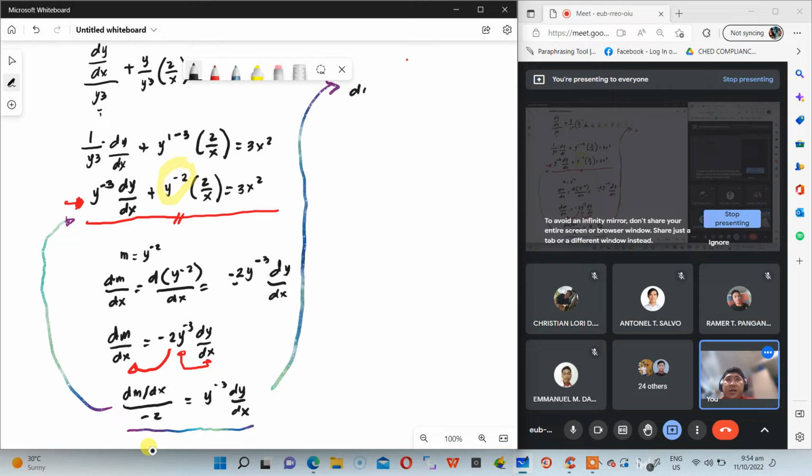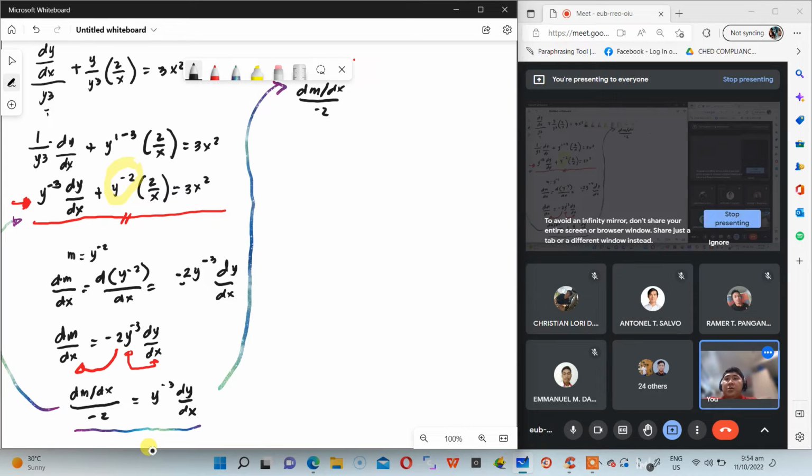So that is dm over dx over negative 2 equals, ah, no, that is not equals. That is plus. Just copy. Okay. It's just like that.